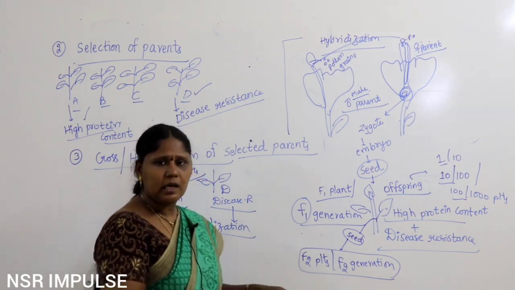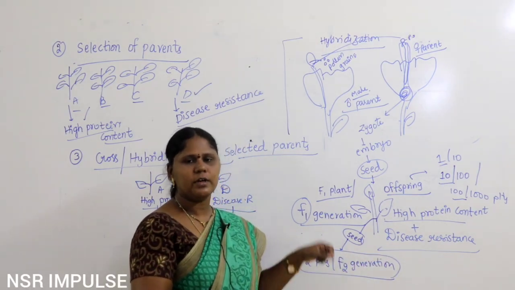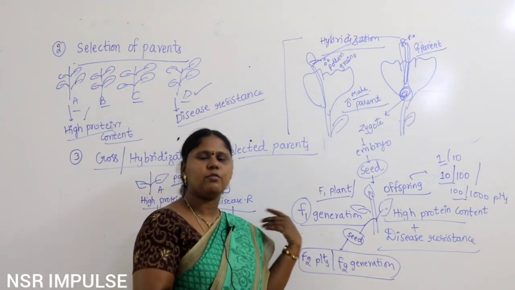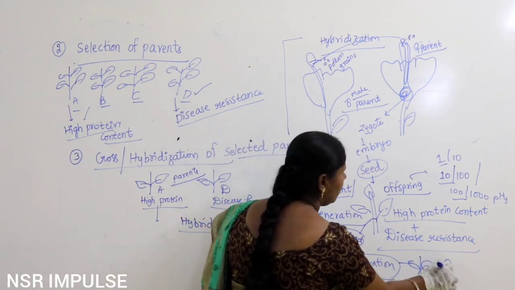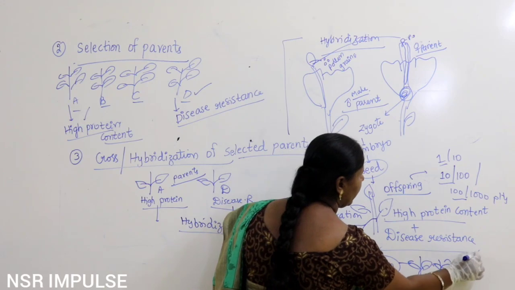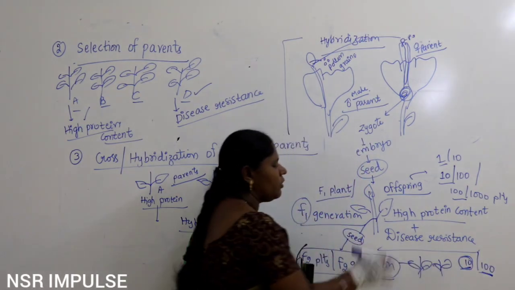Why am I taking it again? From all the F1 plants, I took the seeds and put them into the soil. I waited until the F2 plants grew. In F2 plants, again the same thing: all 100 plants may not have it, hardly 10 plants out of 100 may have my desirable combination.